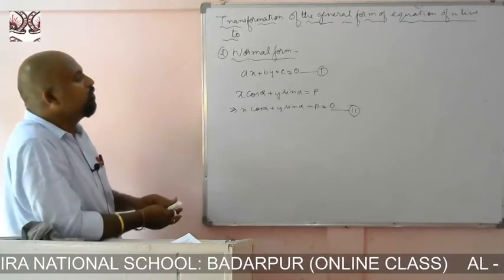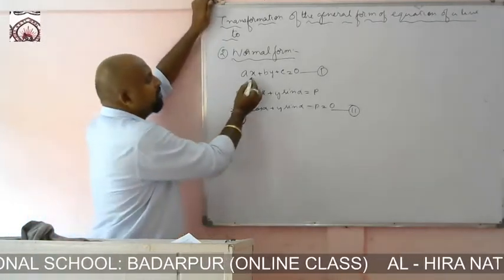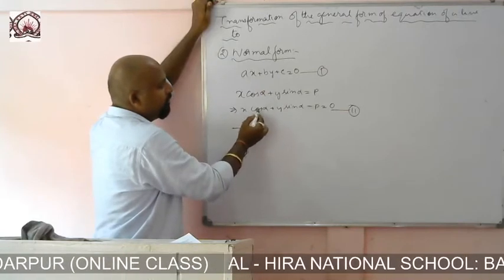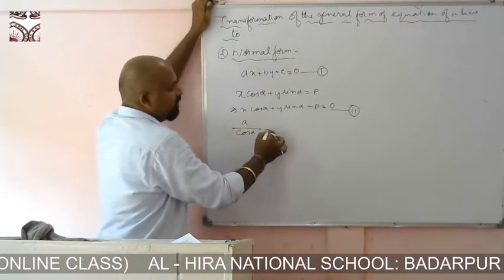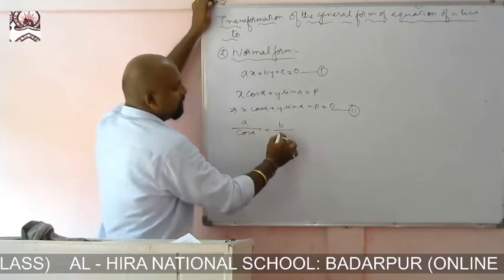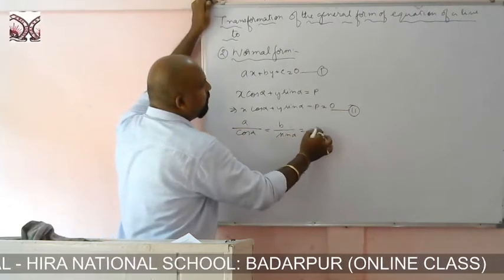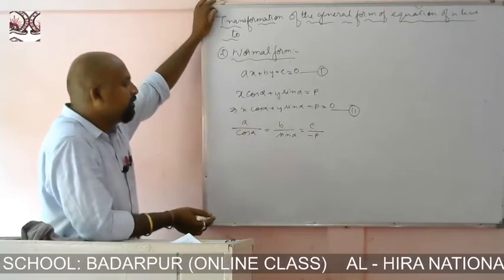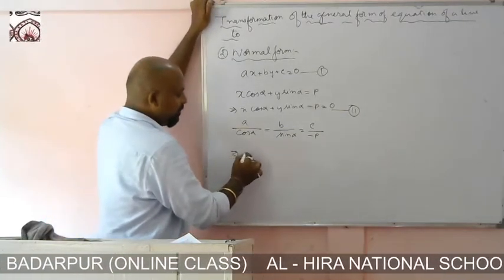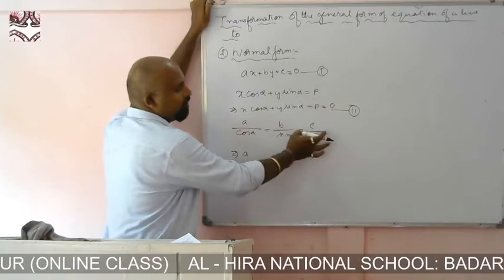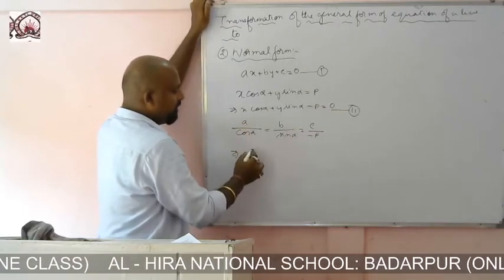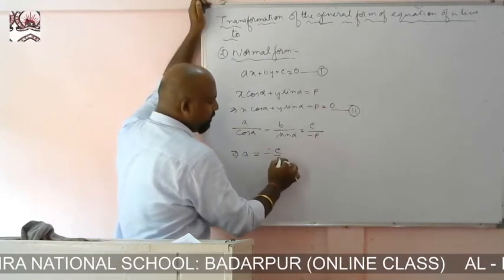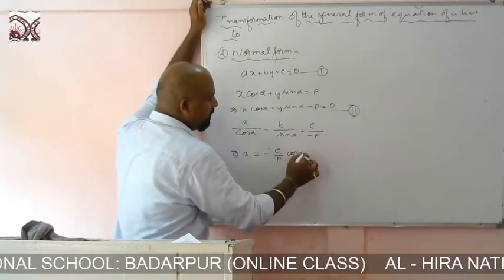So a by cos alpha equals b by sin alpha equals c by minus p. So this one is equal to this one equal to this one.